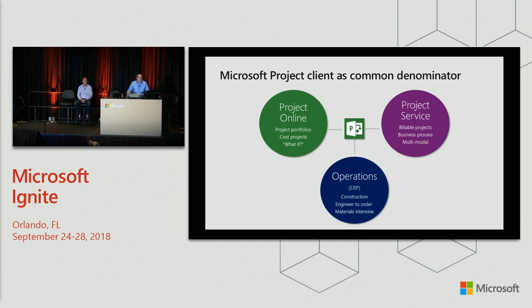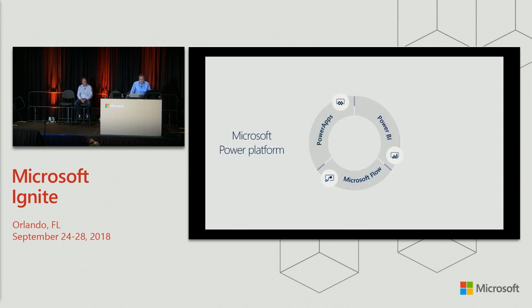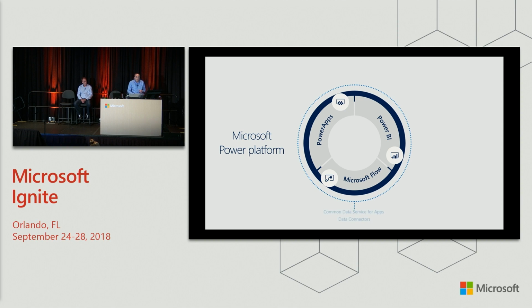So it is the common denominator and the logical place to look for the best in scheduling capabilities from Microsoft. And it's with that in mind that we've made that choice to bring Microsoft Project and PSA together as products, and over time we are looking at improving that experience in operations as well, leveraging some of the same assets. So when we say that, what does it mean?